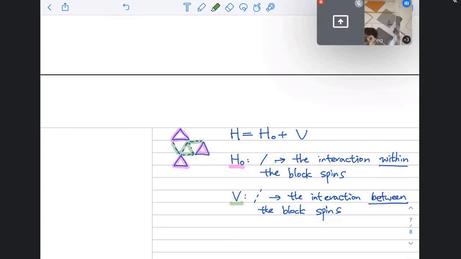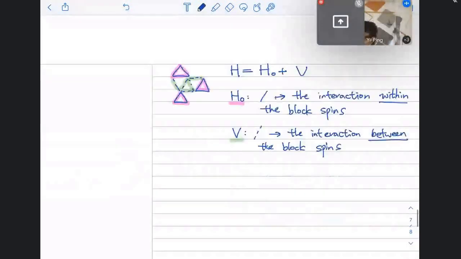So we divide our system in this way because you will see it is useful for our later calculation, but let me try to write down the expression first.